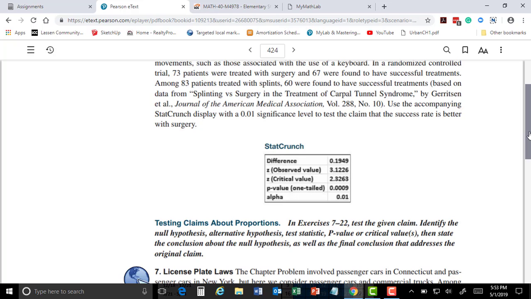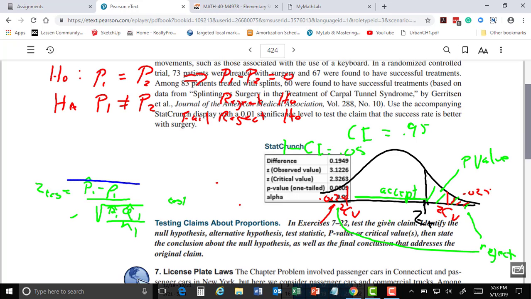Because when I do my graph, I'm saying that this p-value is so small, it's 0.0009, so it's just a teeny little bit left. Clearly, we were wanting 0.025 in the tail, right? Well, in this case, 0.025 is bigger than this area.